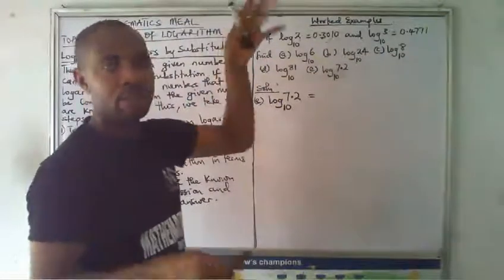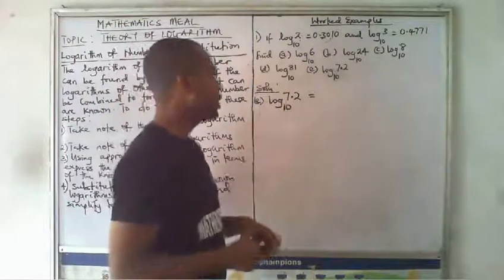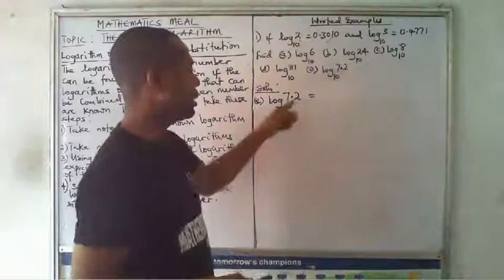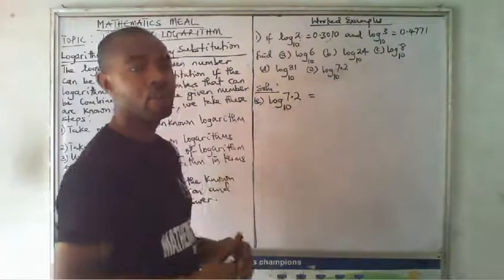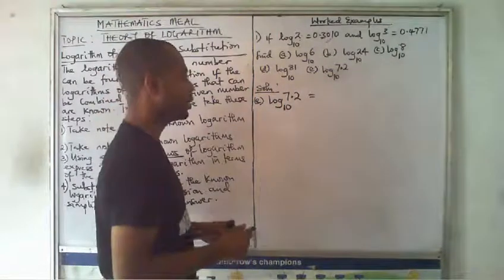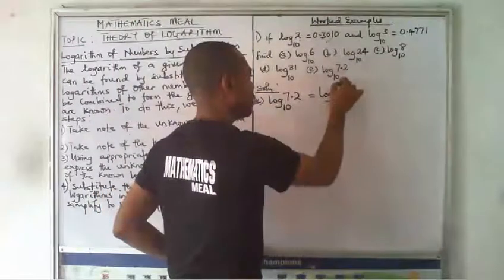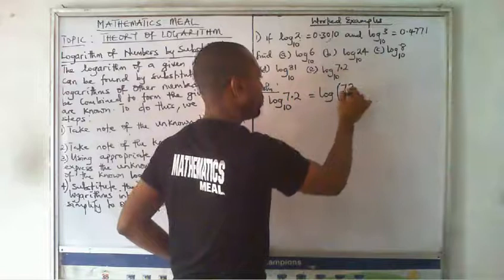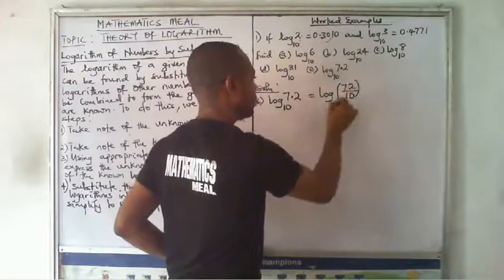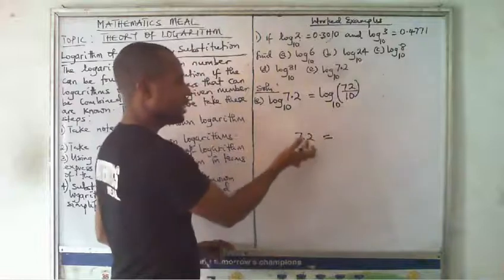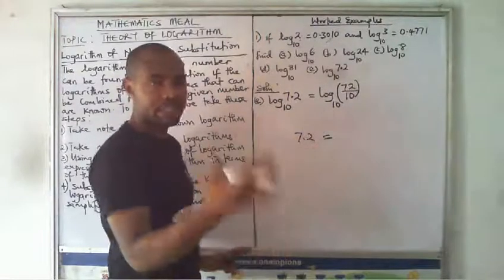Remember in our previous videos, in one of the videos we made a very important point about decimals. We say we change them to what? To a vulgar fraction. If I do that here, I'm going to have log 72 over 10 in this term. You remember 7.2? In mathematics, a decimal place represents a 10.